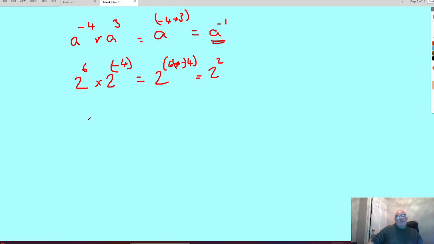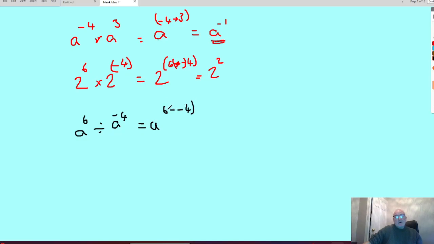The ones to watch is when we're dividing. If we've got a to the 6 divided by a to the 4, then that's straightforward. We're just going to get a to the 2. If we put that a to the negative 4, we're still going to be subtracting. So we're going to have a 6 subtract, because the divide would mean the subtract in that case, and then the negative would have to come along with that.